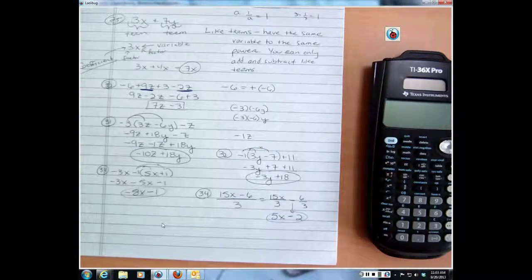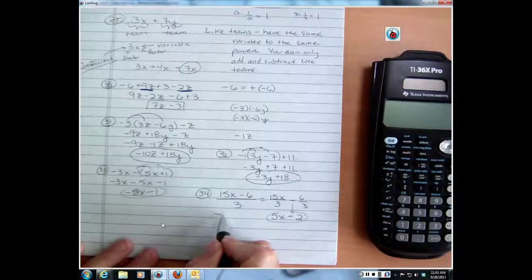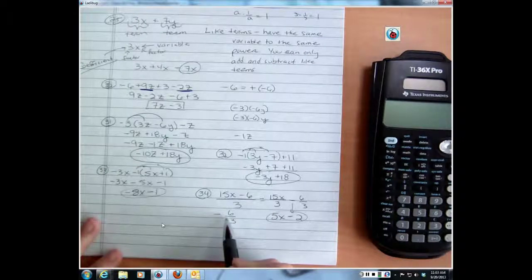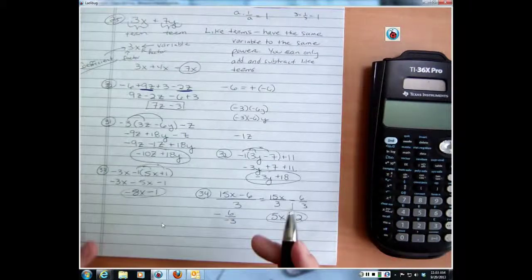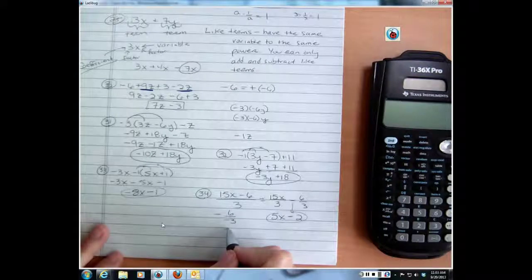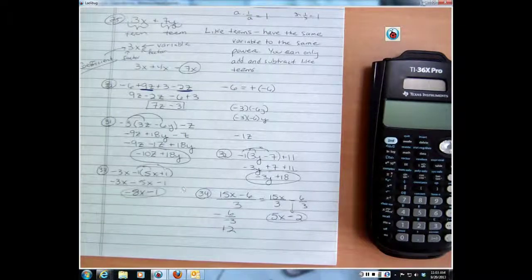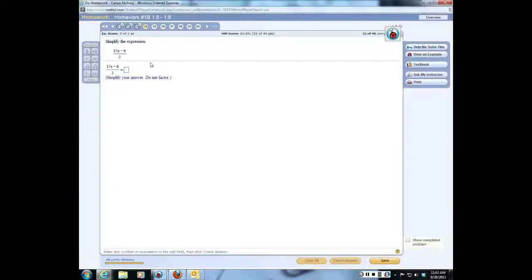But if I had negative 6 divided by negative 3, then it's different, because now I have 2 negative signs. And when I have 2 negative signs in a row like that, that makes it a positive. That'd be a positive 2. So just be careful with that. 5x minus 2. Really is 5x this time. I got a little gun shy with the 5x answer.